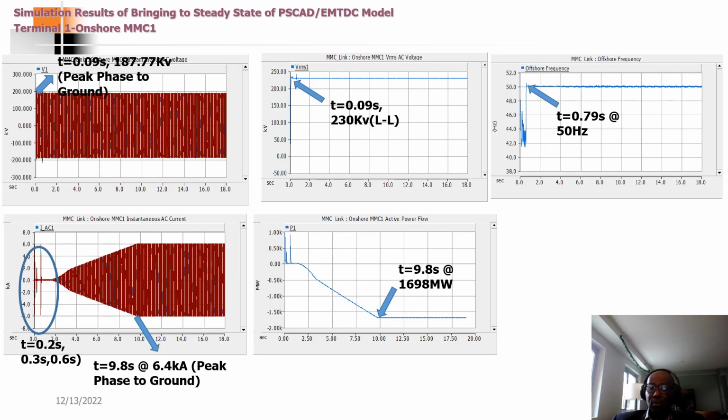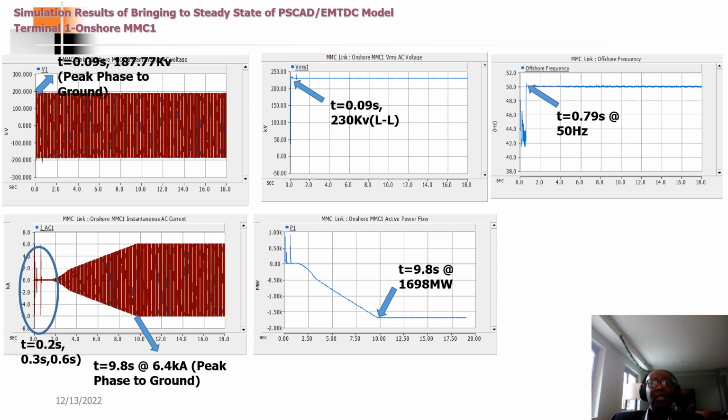Okay, so for steady state, right? This model was done in PSCAD. The goal is to prove that the model performs as it's supposed to. So I performed a steady state simulation, and I was able to achieve the required peak phase to ground instantaneous voltage.